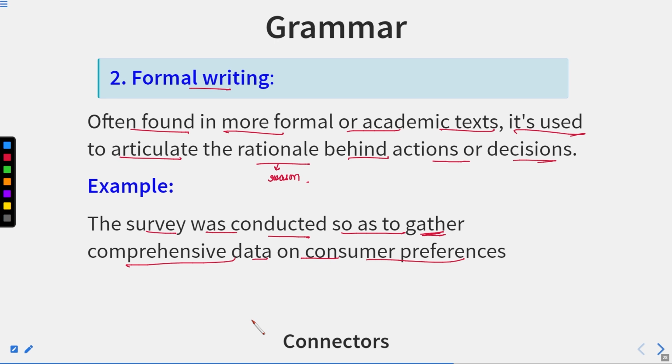Whatever a consumer prefers, just to gather that data, the survey was conducted. So here, so as to is showing the purpose behind this survey: to gather comprehensive data on consumer preferences.